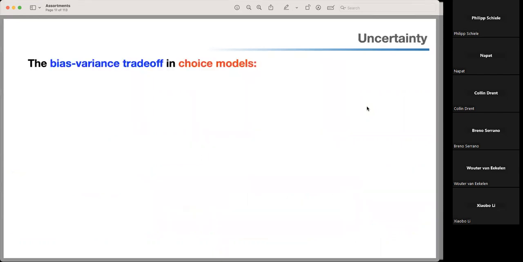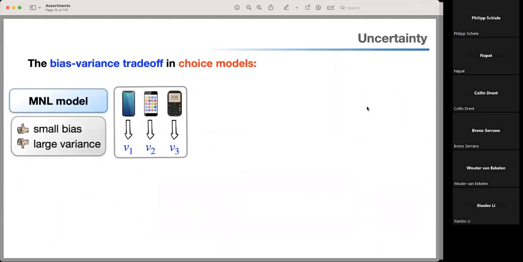Now, an area that has studied the issue of estimation errors in detail is machine learning. And one of the key concepts of machine learning is the so-called bias-variance trade-off. What that means in our context is that whenever we face the task of estimating a choice model, we have, in some sense, two extremes that we try to trade off.